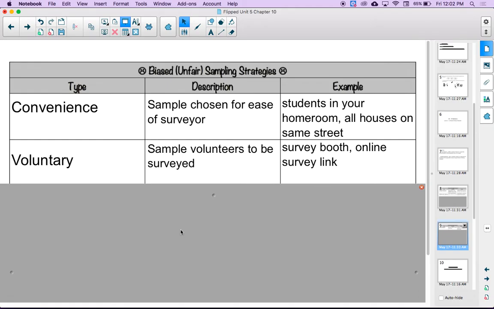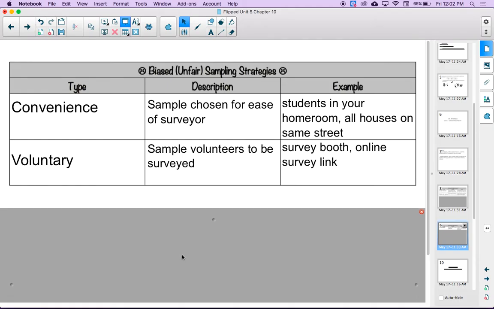Our final unfair or biased sampling strategy is a voluntary sample. A voluntary sample is when the sample actually volunteers to be surveyed, so they choose themselves. So this could be setting up a survey booth in the cafeteria or putting an online survey link on social media, and people choose to take the survey.